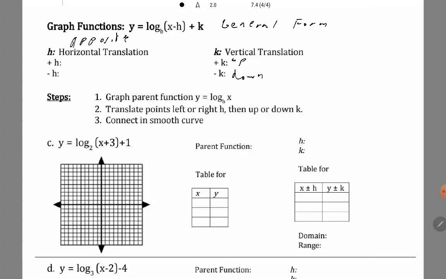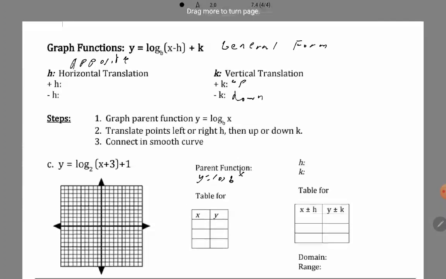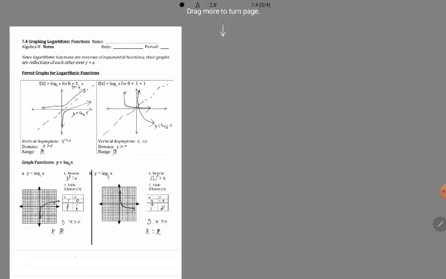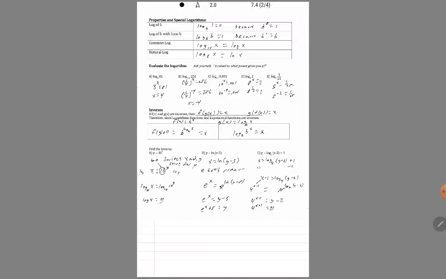So, for these steps, we're going to do step 1, graph the parent function, y equals log base b of x. It's helpful if you graph it, but we already have the graph from the previous page.